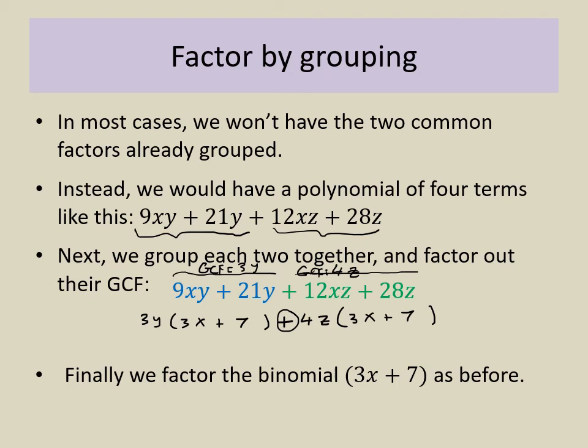Now, why is that plus sign so important? The plus sign is so important because recall what I've mentioned earlier, factor by grouping starts with 4 terms. Our first step is to turn the 4 terms into 2 terms.